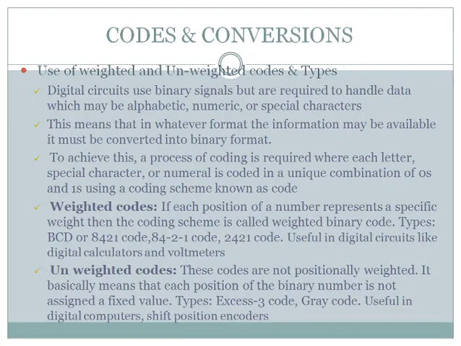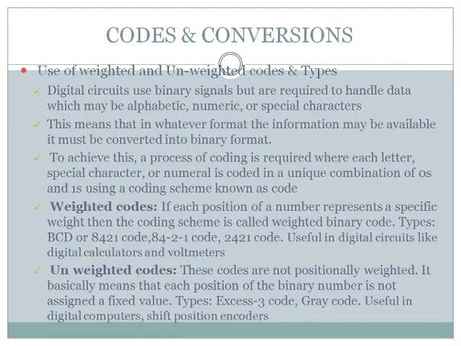Here the numbers represent the weights for the various positions of the binary codes, and weighted codes are useful in circuits like digital calculators and voltmeters, where each position of the code has a particular weight dictated by the coding scheme.